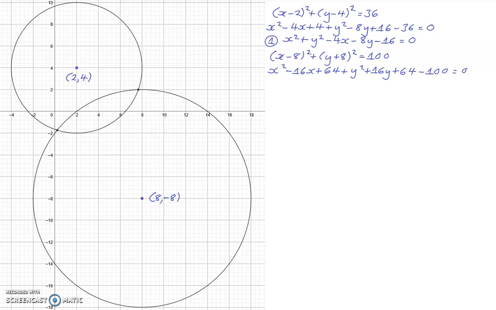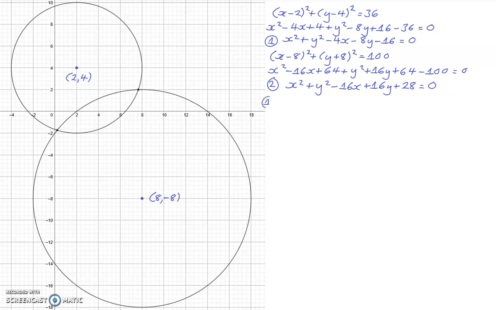And similarly, if you simplify that, we get equation 2 as this. Now the next thing to do is to multiply equation 1 by -1.